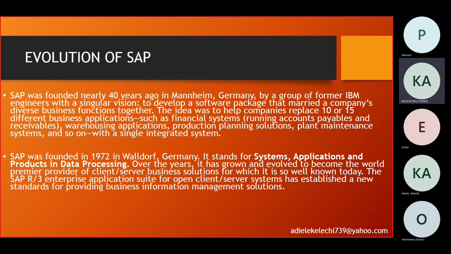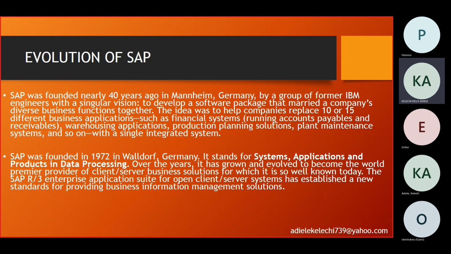Over the years, SAP has grown to become the world's premier provider of client and server business solutions, for which it is well known today. Before you hear ECC and S4, there was what we call R/3. R/3 existed before ECC, and only now do we call it S4 HANA. So there are different versions, right?